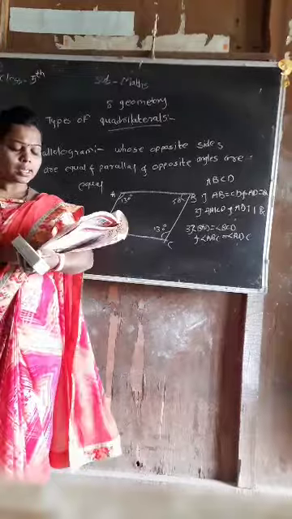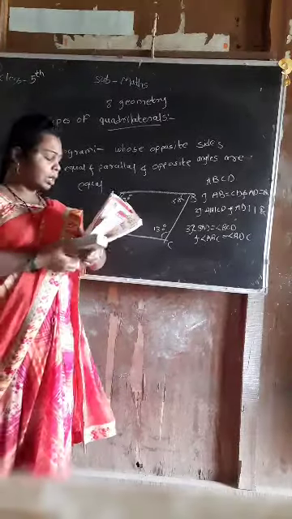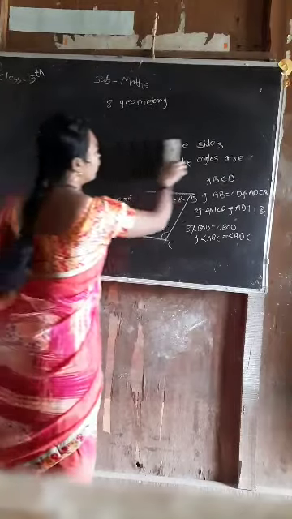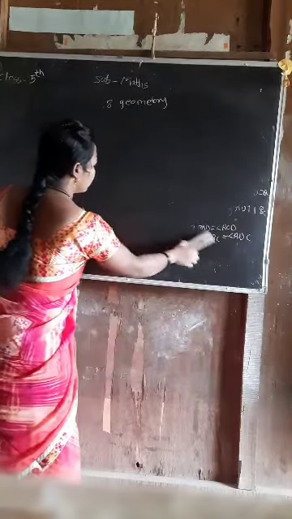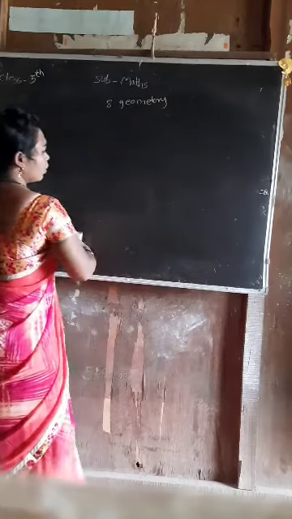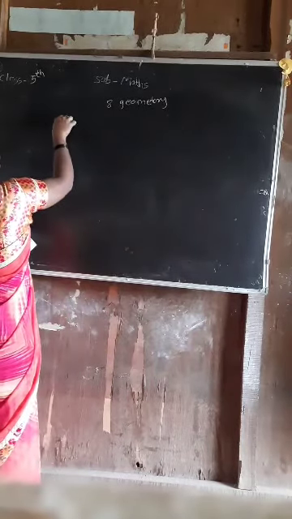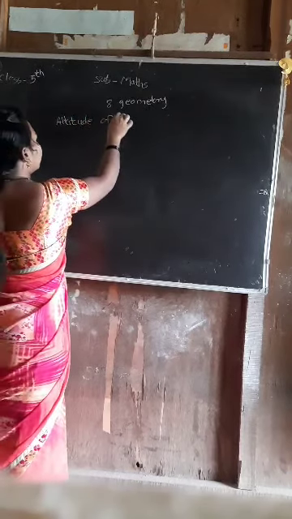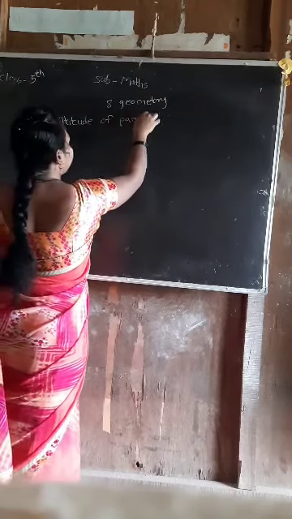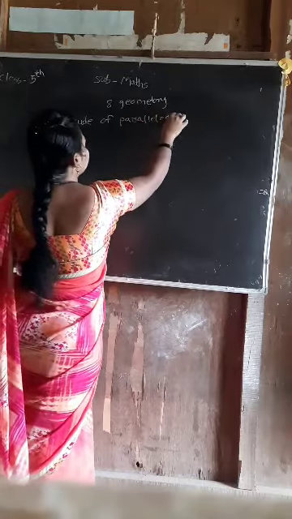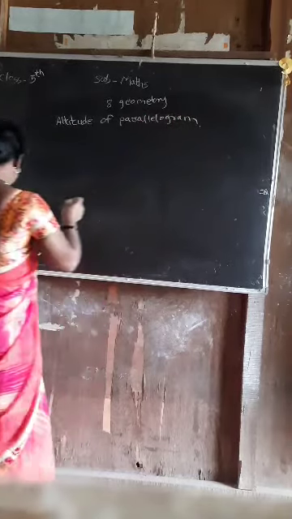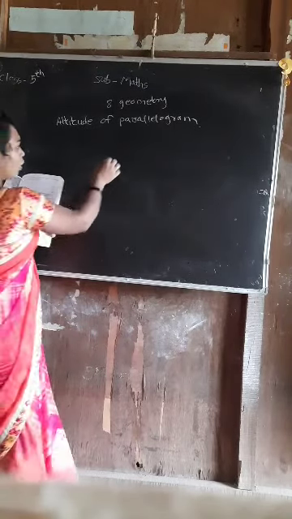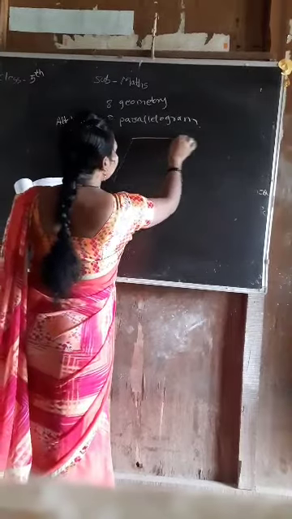Altitude is also known as a vertical height. We have drawn one parallelogram.